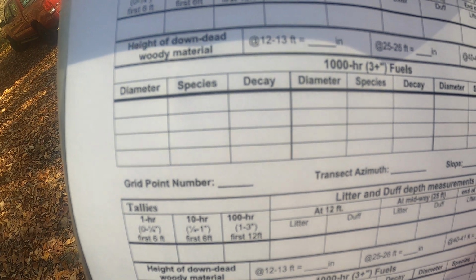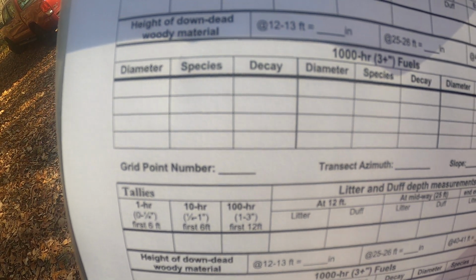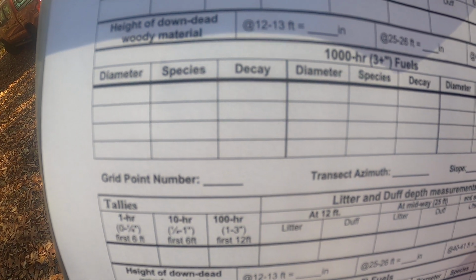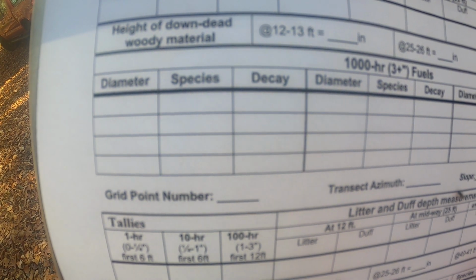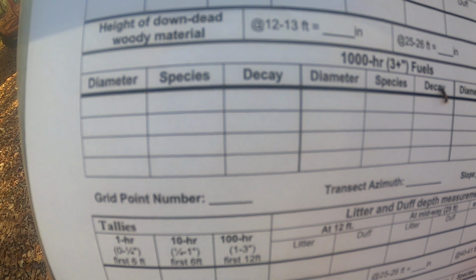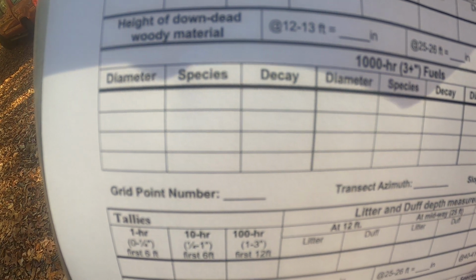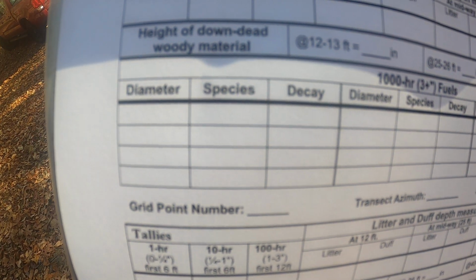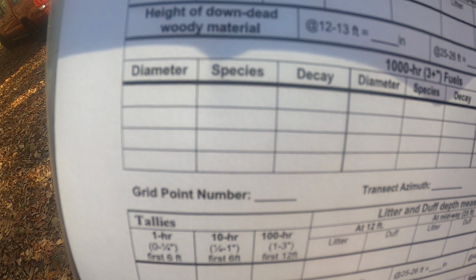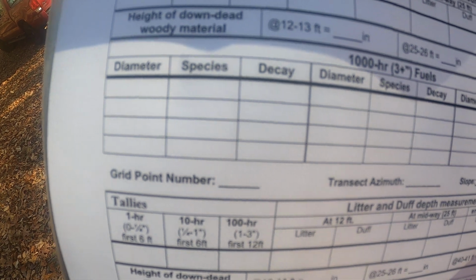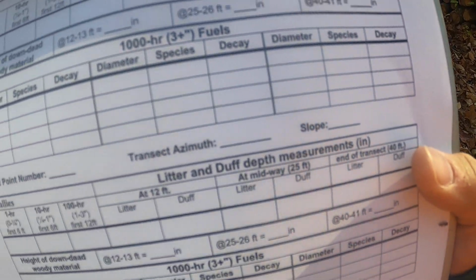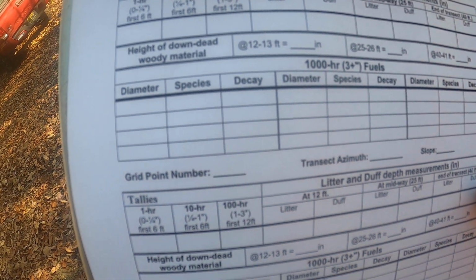If I can step all the way through that piece of wood, that's a 4. If I kick at it and I can scrape off bark with my foot, but I can't step all the way through it, that's a 3. And if I can kick it and it's getting soft, but I'm not really getting any bark off, but it's not freshly fallen, that's a 2. Sorry, I got some ants on me. So that's kind of the dealio with that.